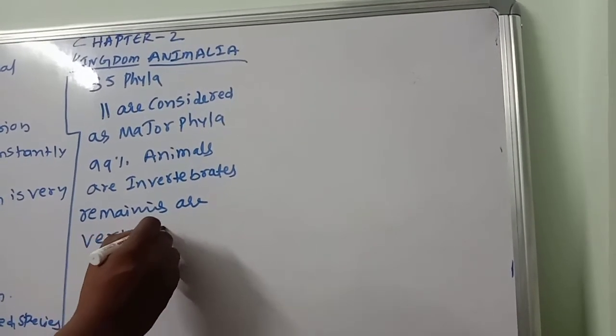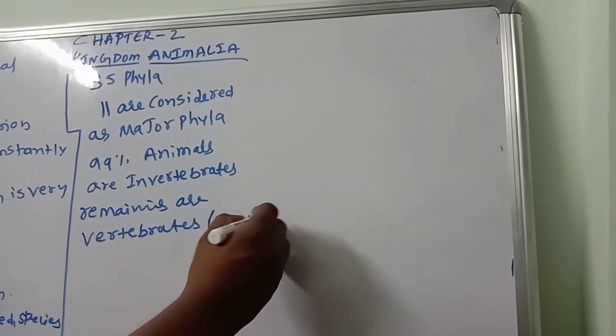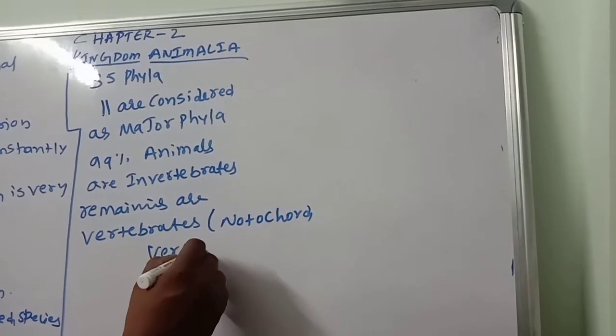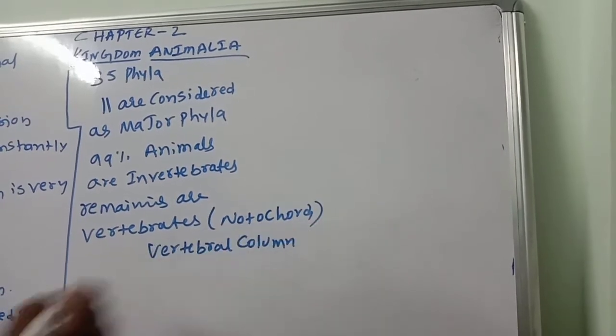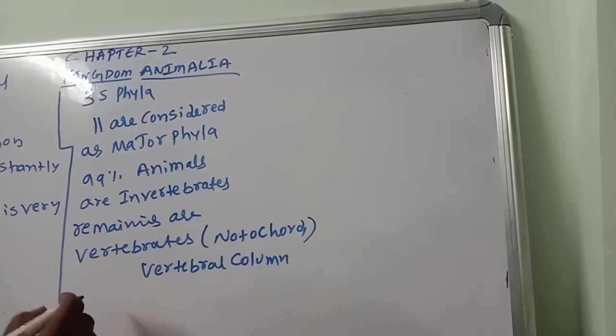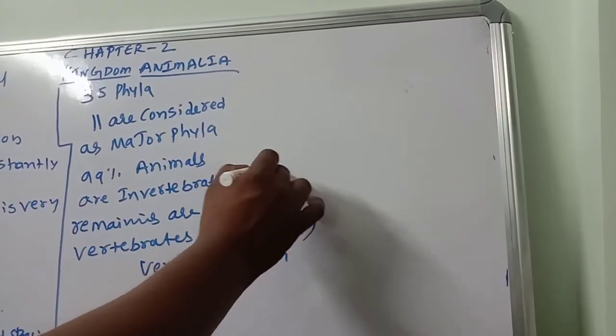Vertebrates have a notochord and a vertebral column present. Invertebrates mean no notochord, so they are non-chordates.